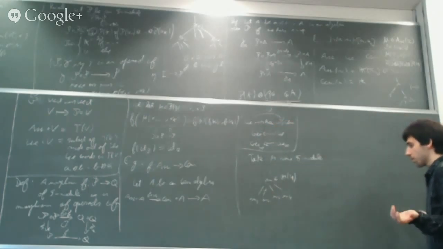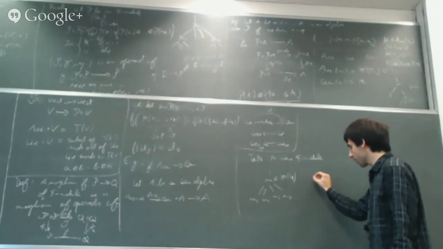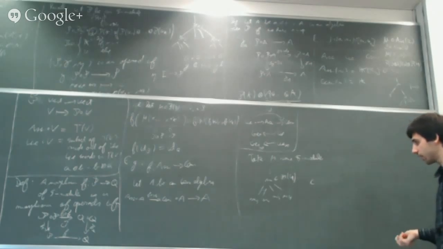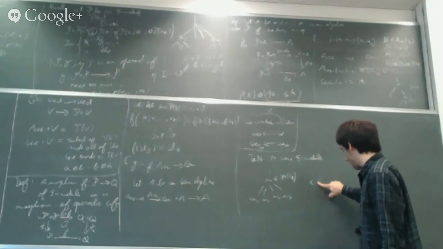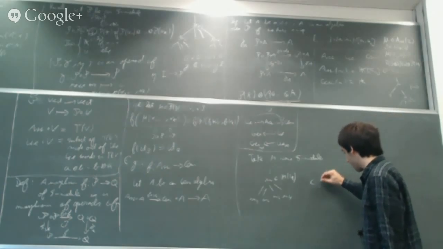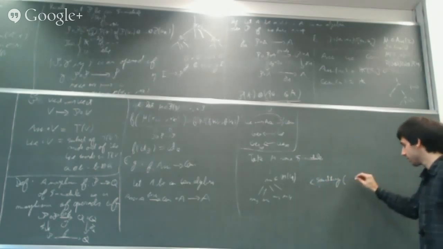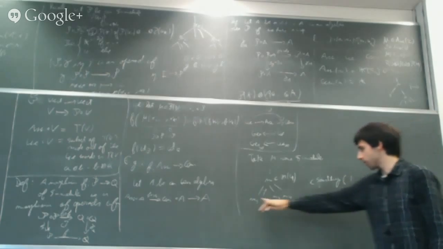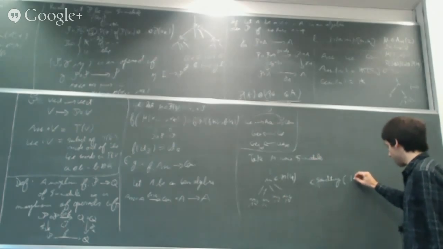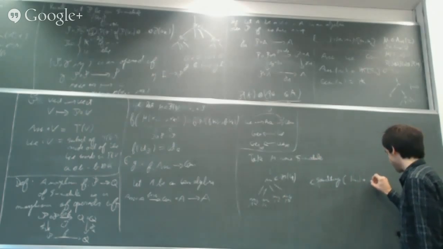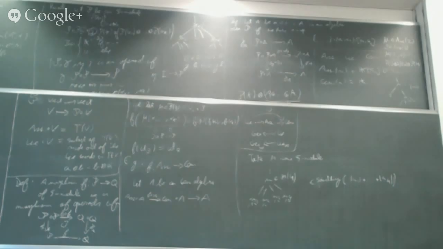And I want to say what this composition is out of just this data. So first of all, it should be living in something of arity the sum of these arities, so the sum of the number of legs that each of these guys have. So M1 plus ... M4.